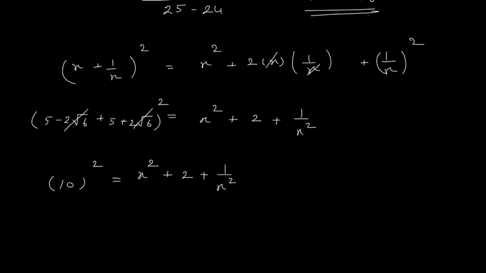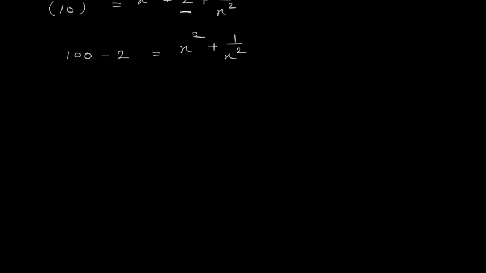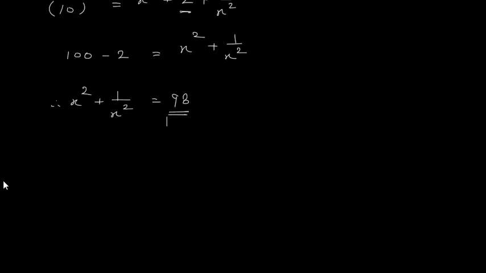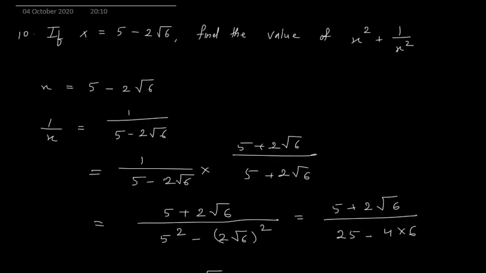Now this 10 square is 100 minus 2, I will bring this 2 on the left hand side, here it will be x square plus 1 upon x square. Therefore x square plus 1 upon x square will become 100 minus 2, which is 98. Now let us see the next question. First you can go through this question again and then I will start the next question.